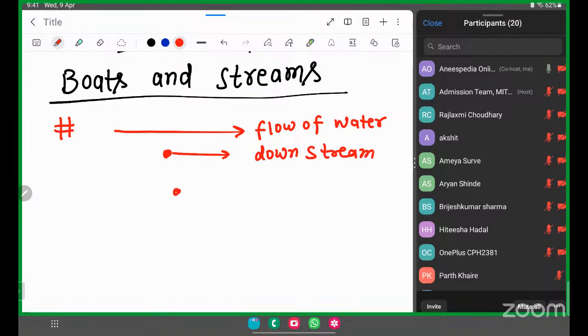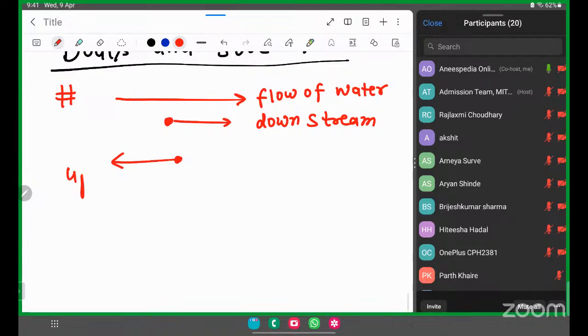And if object is going against it, we call it as upstream. Understood the meaning of downstream and upstream? If boat is going along with the flow of the water or the stream, we call it downstream. And if the boat is going against the flow of water, then we call it as upstream.